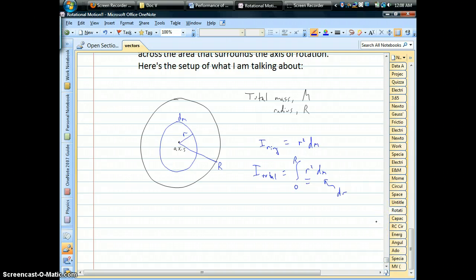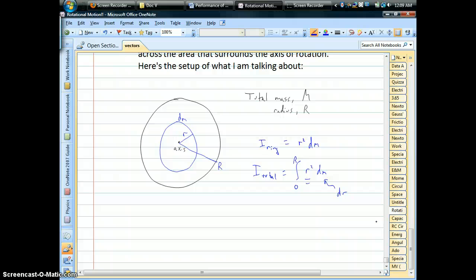So the geometry of this problem obviously is different than for a stick. Inertia is, we're talking about the distribution of mass. Well, the mass is distributed not along a stick, along a single length. It's distributed over and throughout the area of this disk that surrounds the axis of rotation.